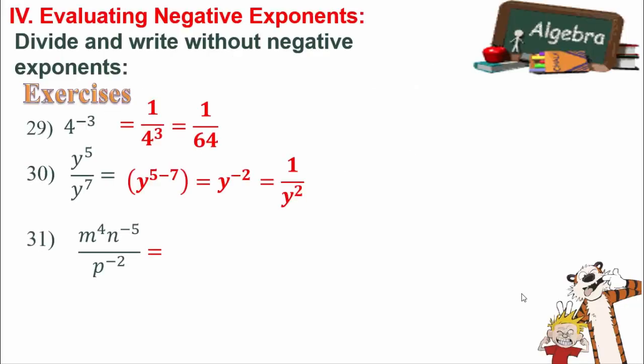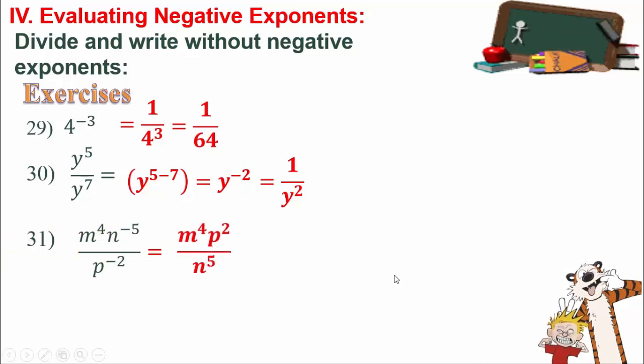So in summarizing number 31, we have m to the 4th. I put this downstairs as n to the 5th power, and I brought p to the negative 2 upstairs as p squared.